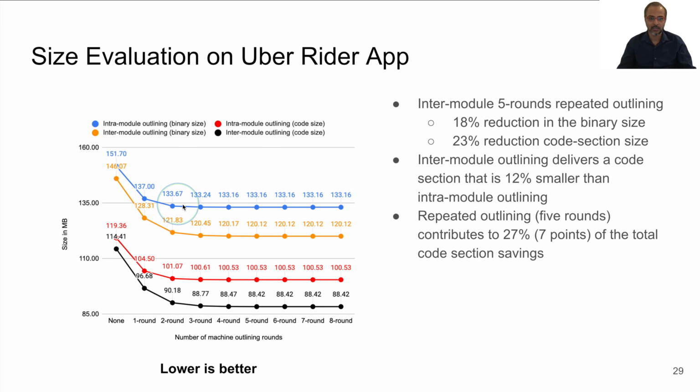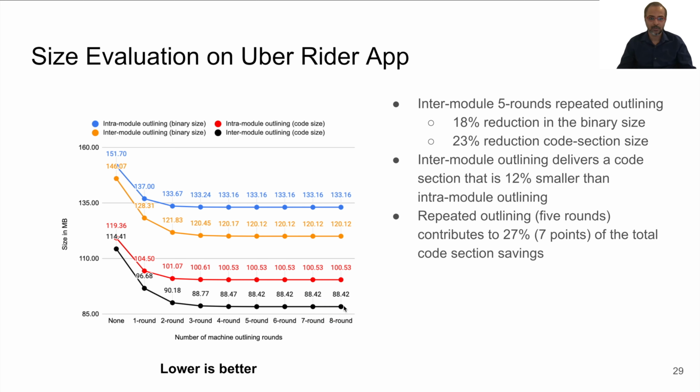The blue line is the size with intra-module optimization only, whereas the orange line is with our inter-module optimization. Similarly, the red line is the size with intra-module optimization only, whereas the black line is with our inter-module optimization.